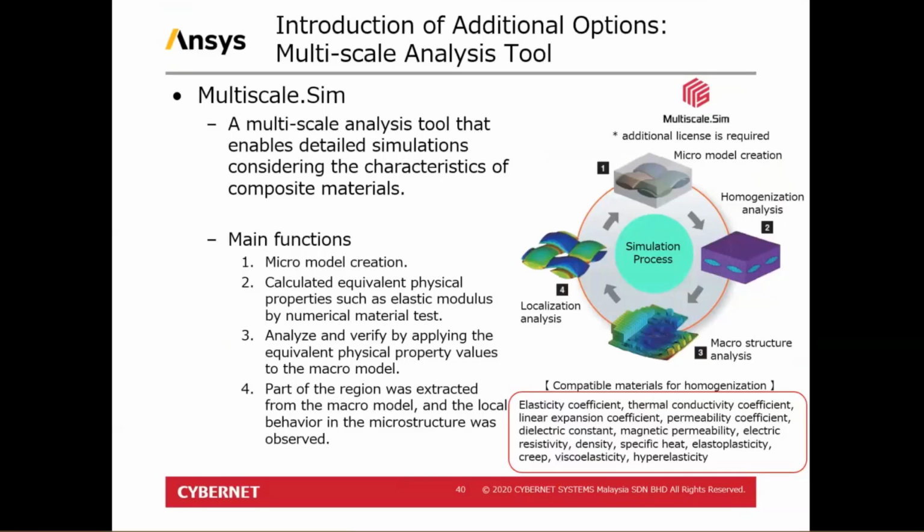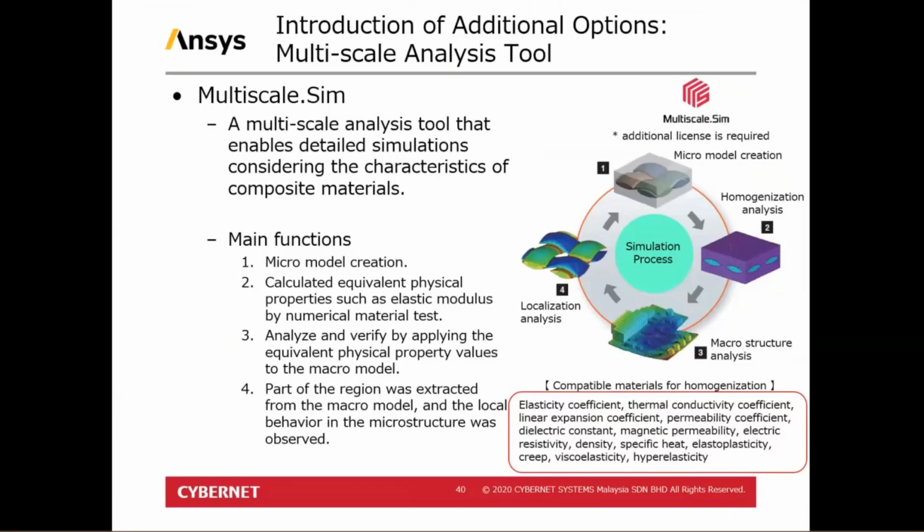Now, the main functions of Multi-scale Sim are micro model creation, which is basically where users can model their own microstructure. And then Multi-scale Sim also has the function to do a homogenization analysis. This is basically an analysis to determine the material properties from the microstructure that the user just defined.